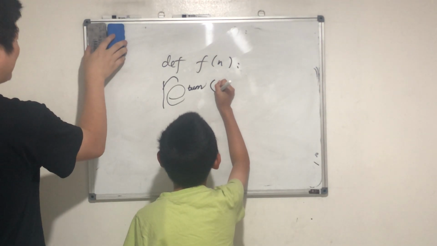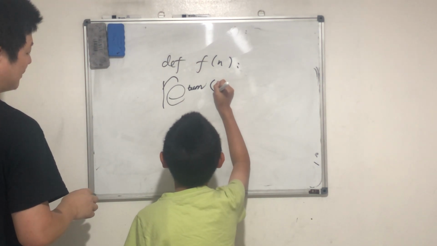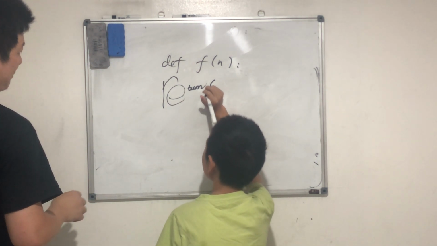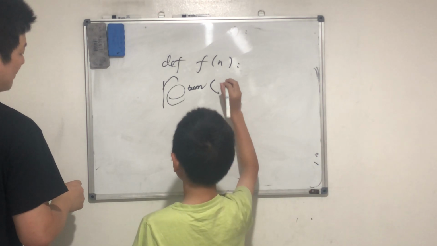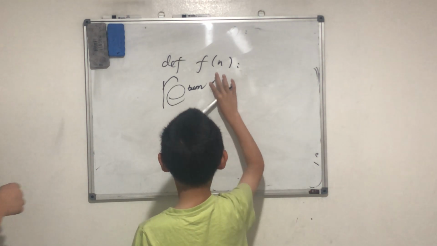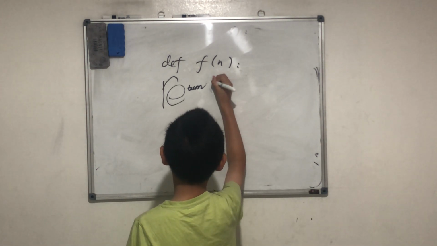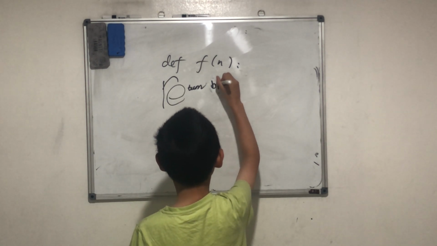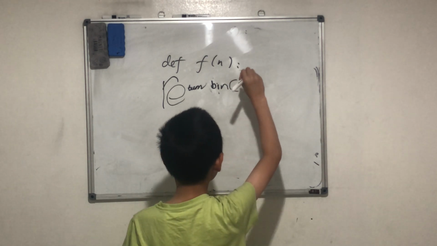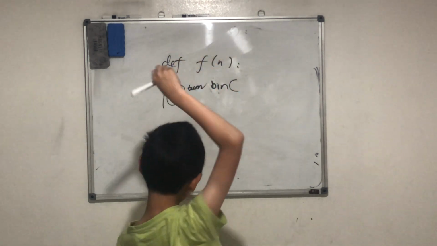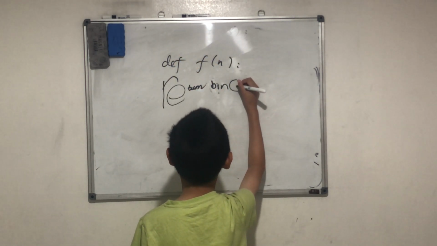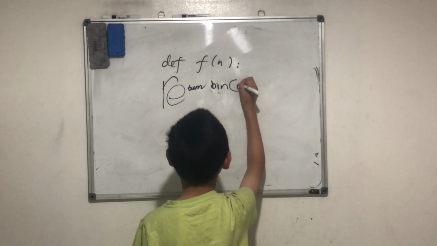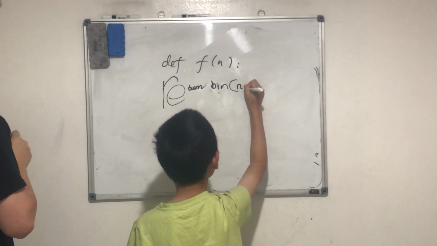How do you convert it to a binary string? The function starts with b. bin, short for binary. And then n, and then bracket.